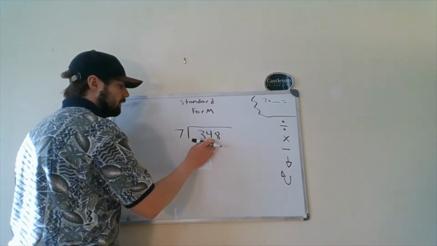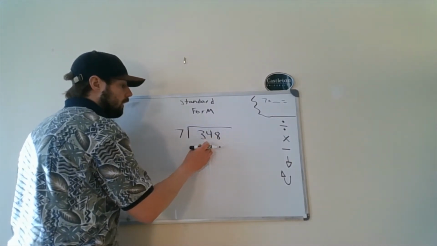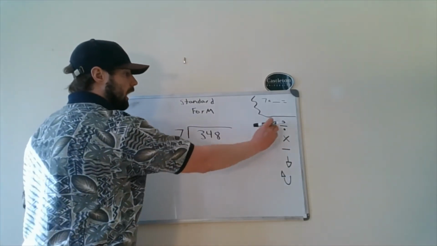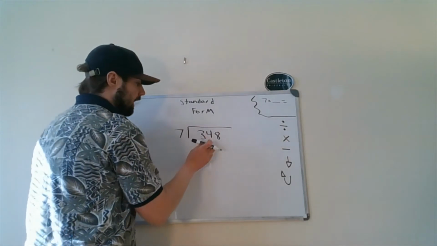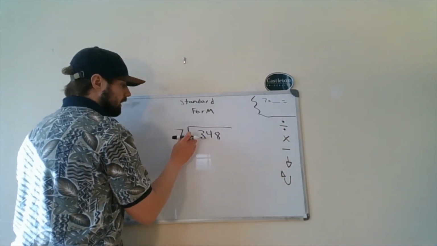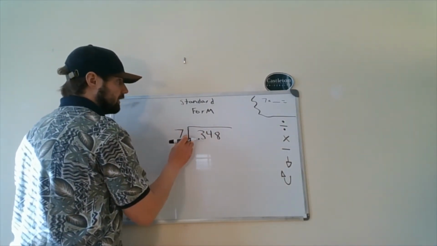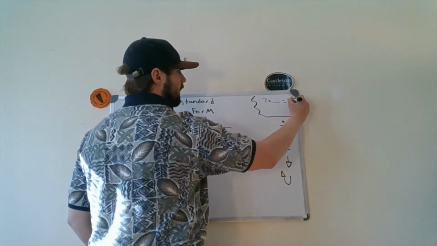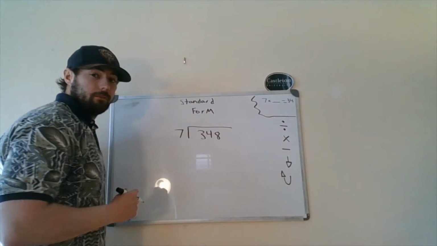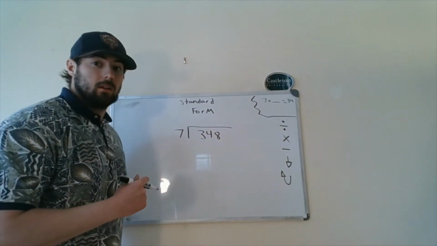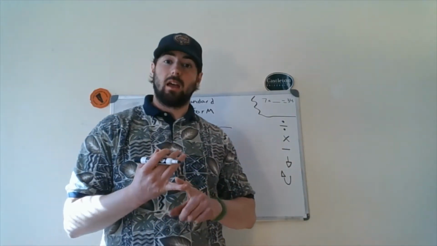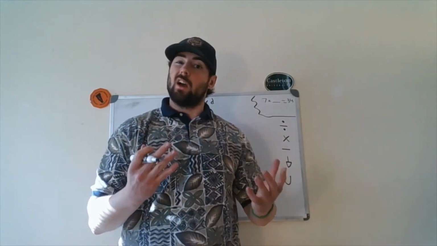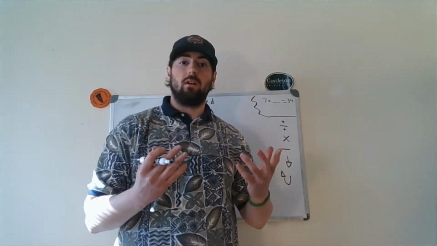I'm now going to be looking at 34, or 340 actually. So I'm still dividing. Now I need to divide 34 by 7. So in my head, I should be thinking 7 times what number is going to get me 34 or close to it. So I could skip count by 7s, I could get my place value chart out, or I just know my 7s really well.